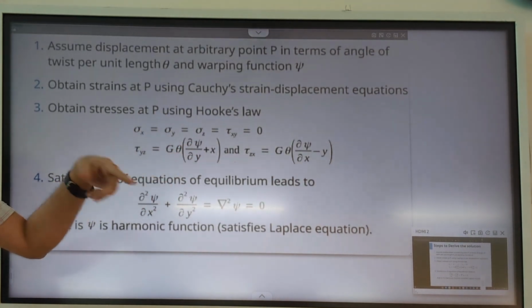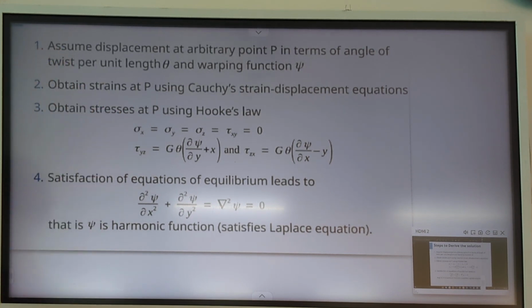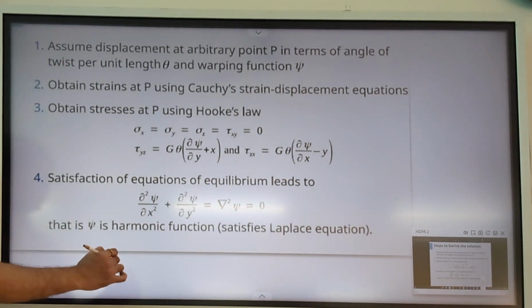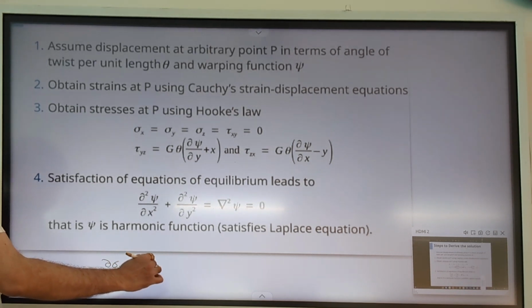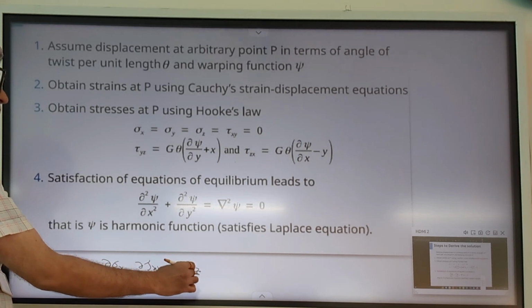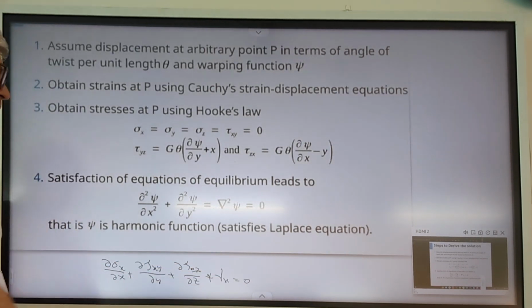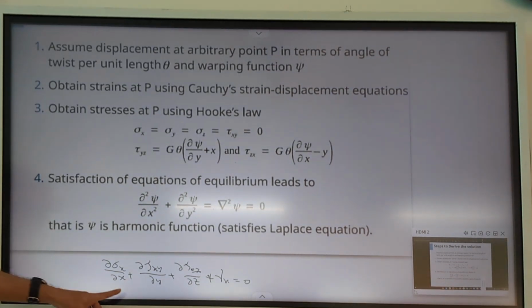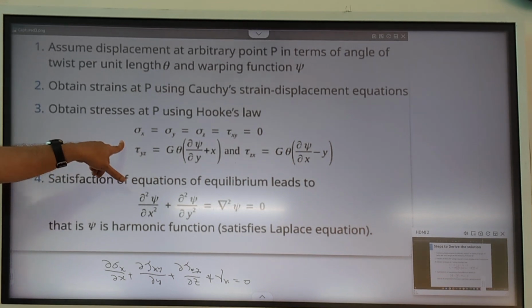Now we also studied the equations of equilibrium in the initial part of this course. There are three equations of equilibrium: partial sigma x by partial x plus partial tau xy by partial y plus partial tau xz by partial z, and so on.